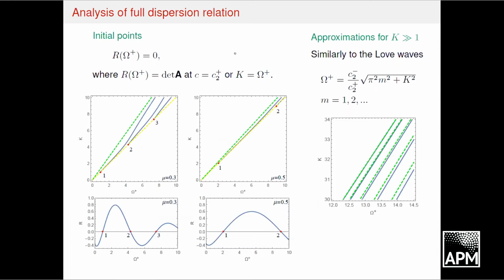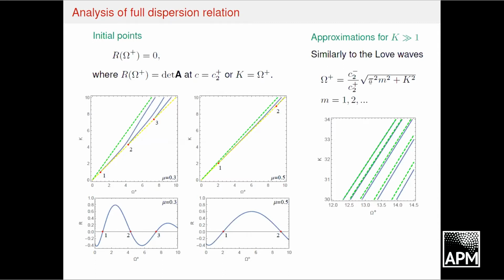The only difference is that certainly the dispersion relation is not that explicit. So it's a huge 6x6 determinant. So it's really difficult to simplify it. But what we could do, we could certainly substitute this value of c equals C2 plus. And the same idea is true that the dispersion curves start originating on this yellow line associated with the shear wave speed for the half space, and then eventually they tend to their asymptotic values here.